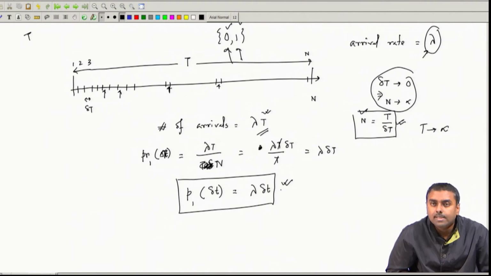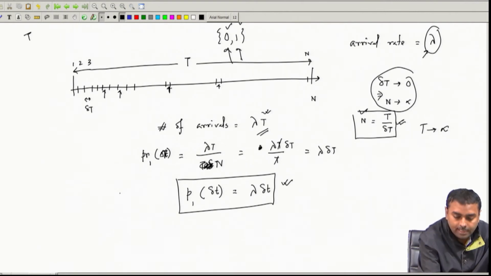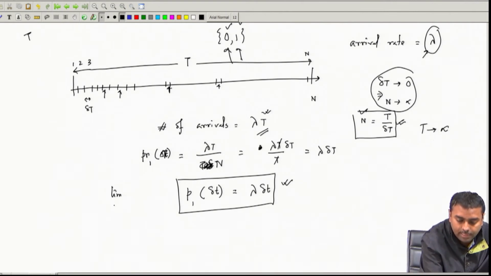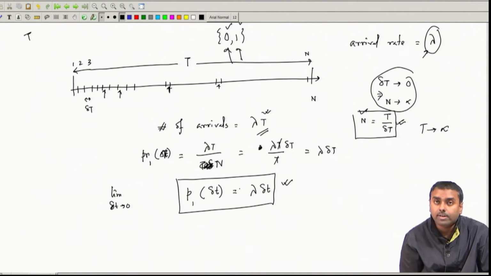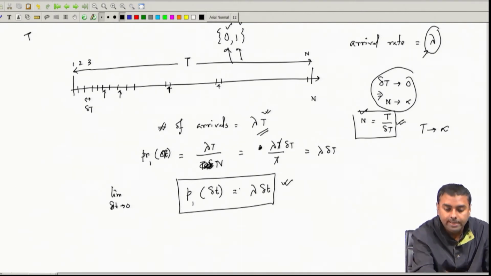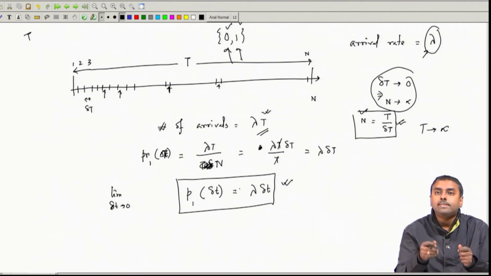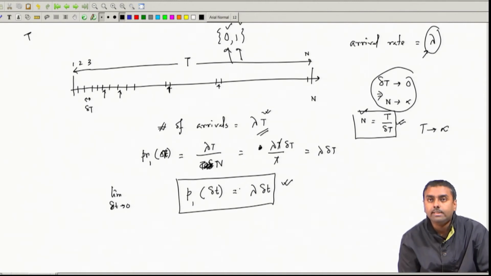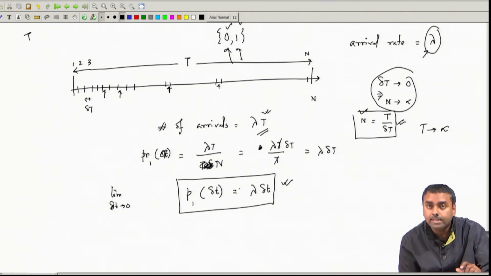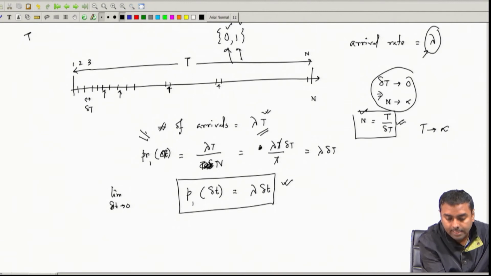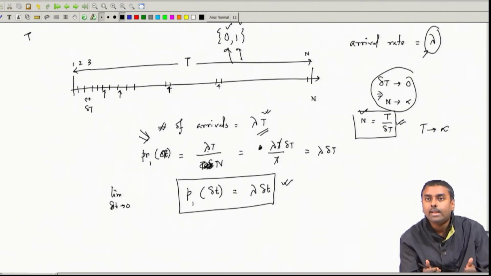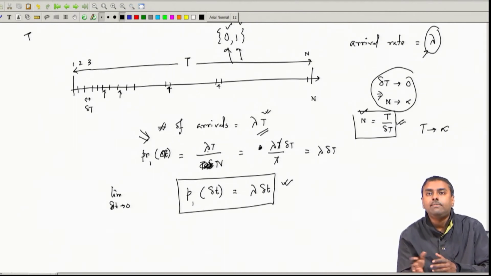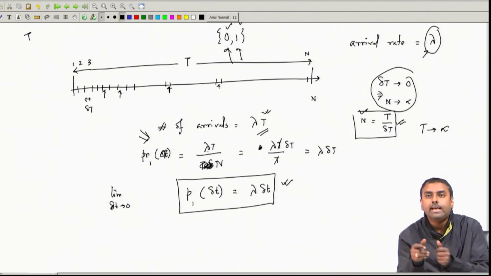But over here I have another condition, that I have to take the limit delta t tends to 0. This can only happen when delta t goes to 0, otherwise this calculation is wrong, because then there will be a lot of 2 arrivals and 3 arrivals which we have not accounted for in this derivation. We have done this entire derivation assuming that only 2 cases are there, either one arrival can happen or no arrival can happen, and accordingly we have counted all one-arrival cases as favorable.